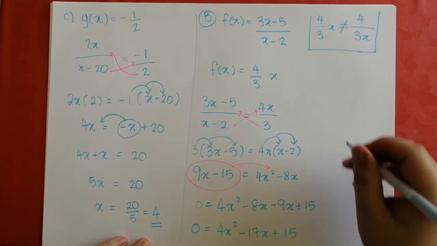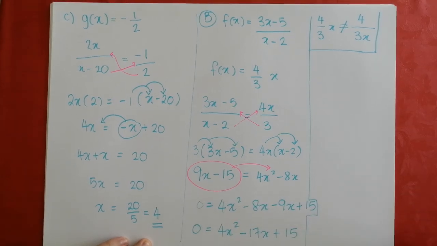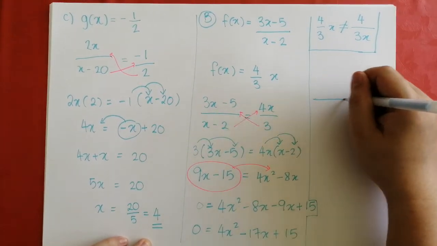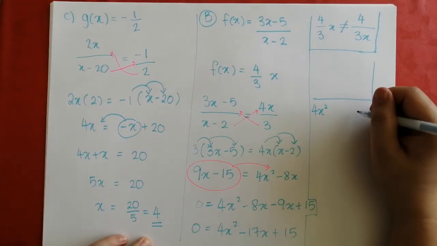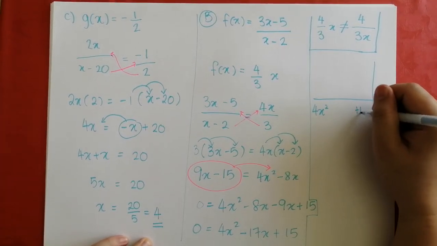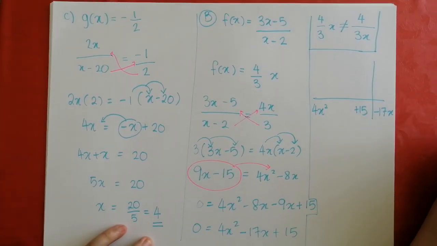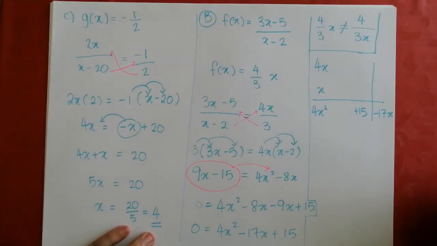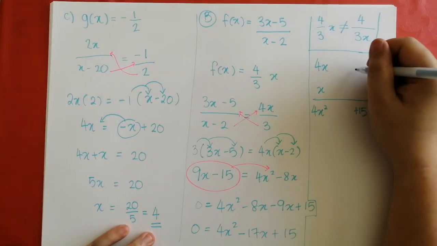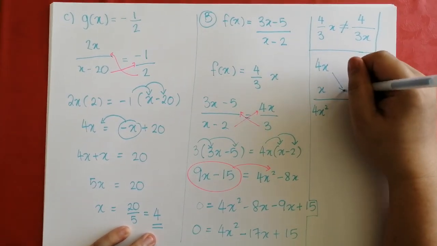From there, we need to factorize it. Using the trial and error method, first column 4x squared, second column positive 15, third column negative 17x. We have 4x times x gives you 4x squared, and negative 5 times negative 3 gives you positive 15.